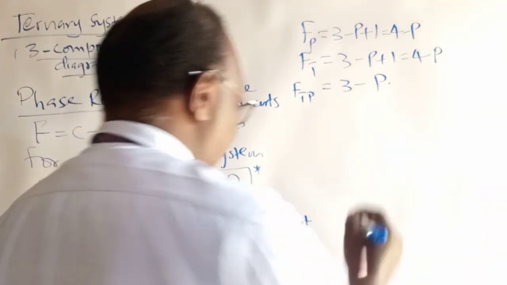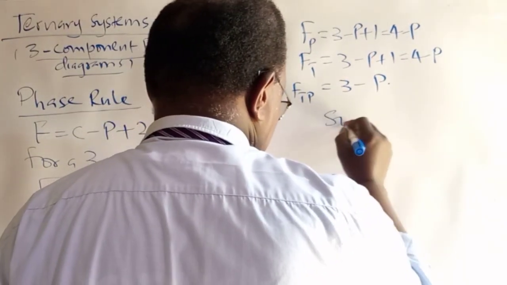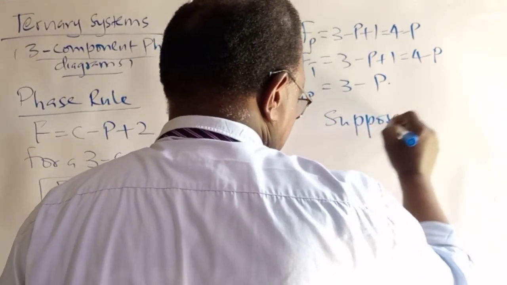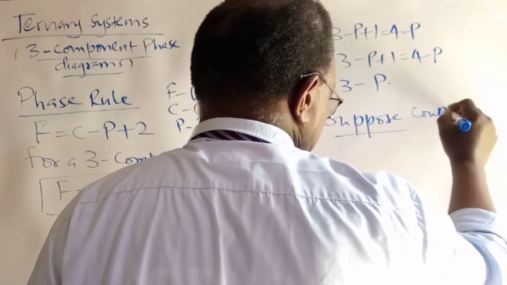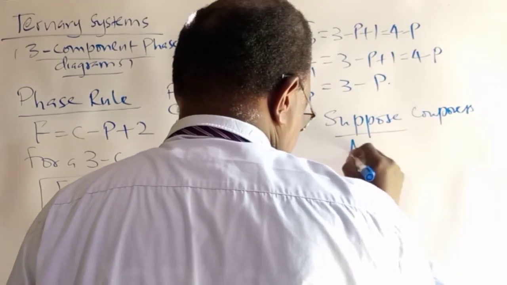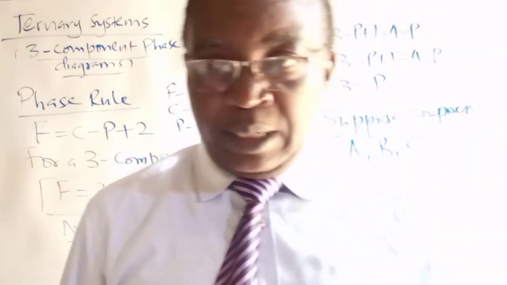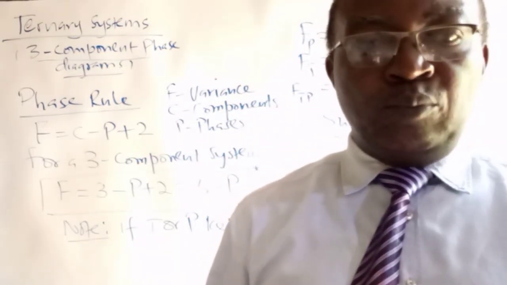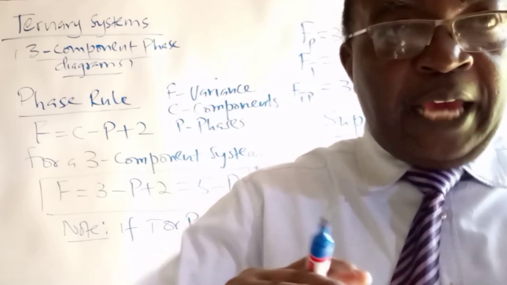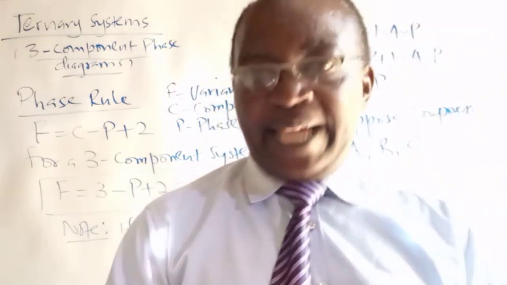Now, how do we represent the three components in a system? Suppose the three components are A, B, and C. How do we represent them? That is where we come to the Gibbs-Roozeboom triangular diagrams.